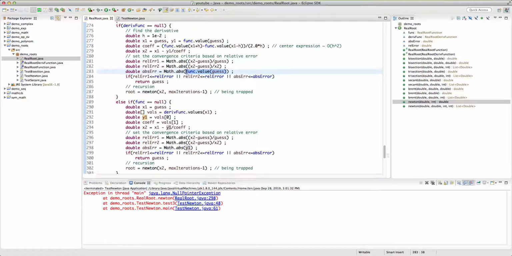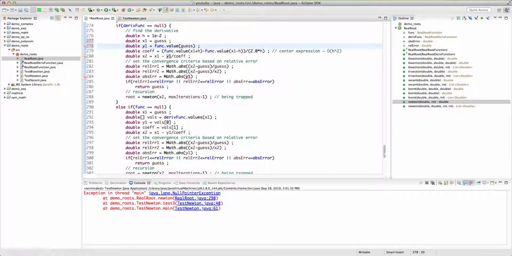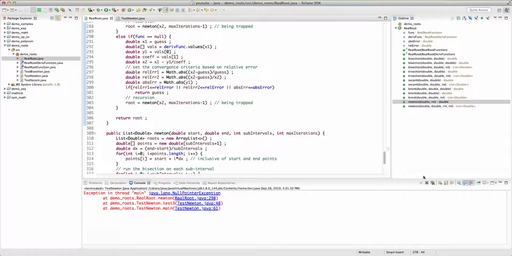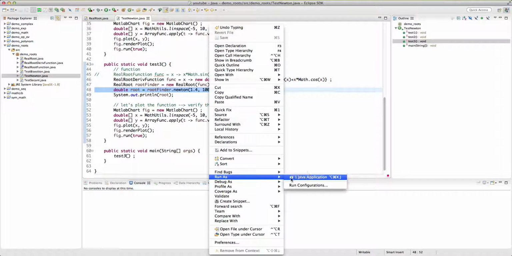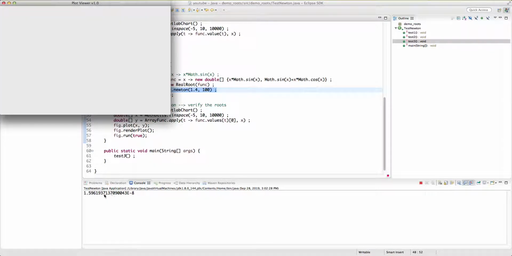We can just use the y1 value because y1 was the value of the function. Maybe let's just make it in an explicit way. Okay, y1 is the value of the function. All right, let's run this. Yes, it returns 0.